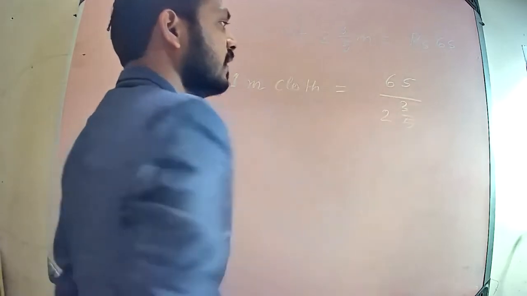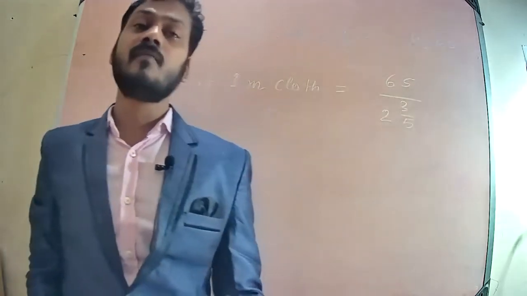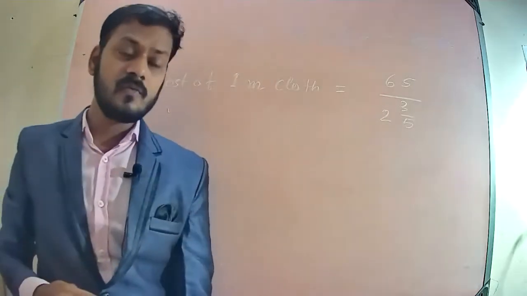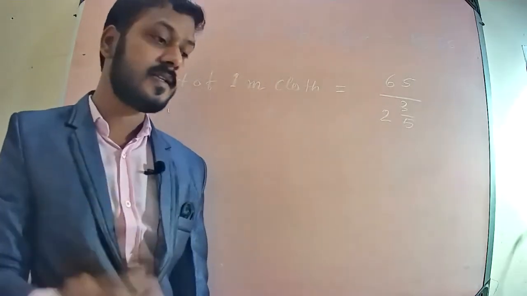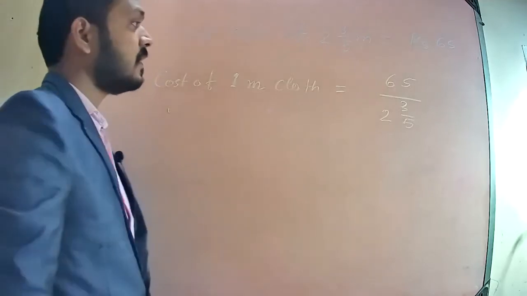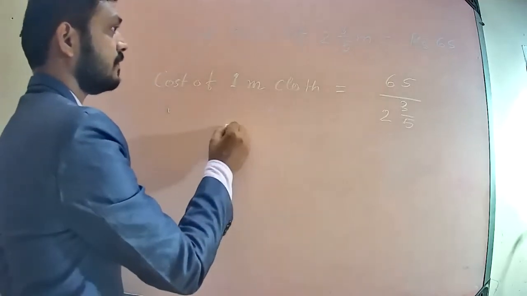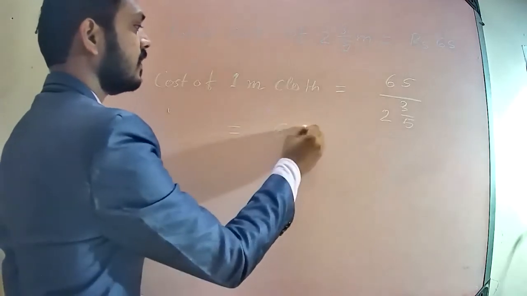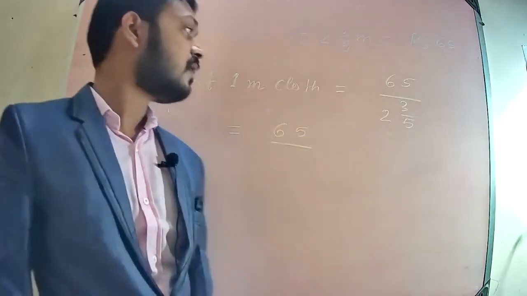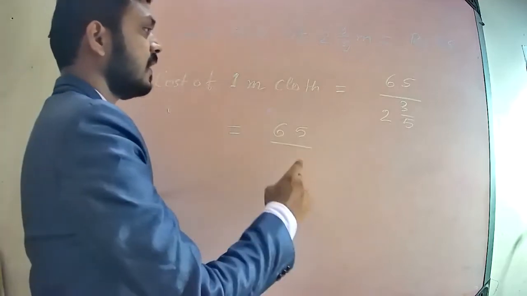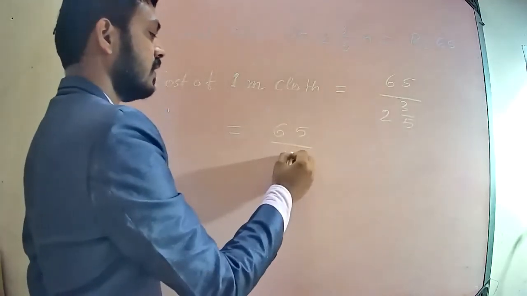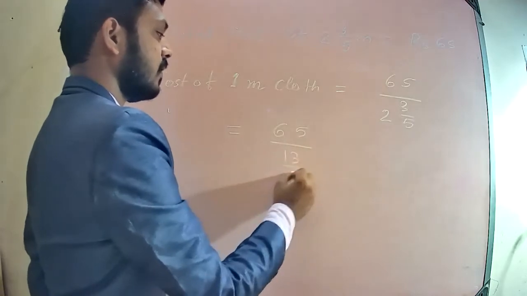Why dividing here? Because our aim is to find the cost of one article, so how can we calculate it? By dividing, we can easily find the cost. So 65 divided by the value of 2 and 3 by 5. 2 and 3 by 5 becomes 5 twos are 10, 10 plus 3 is 13 by 5.